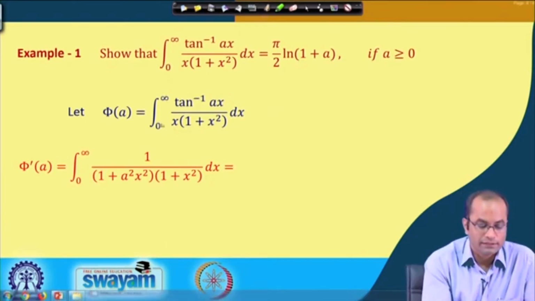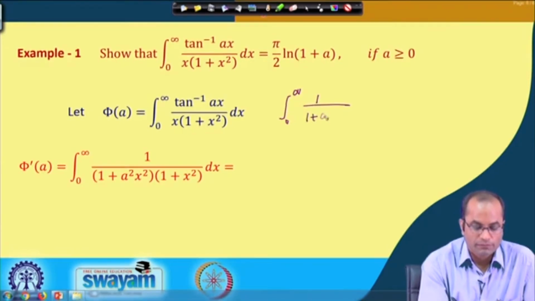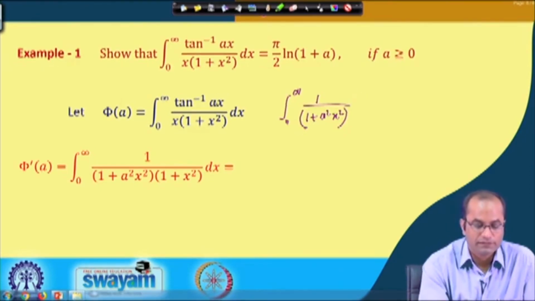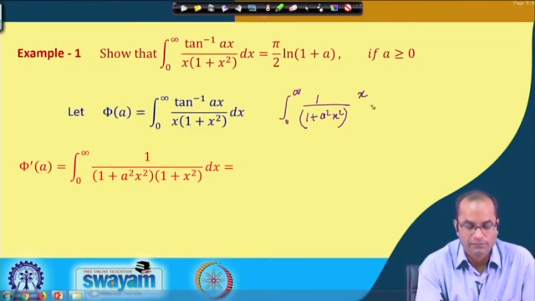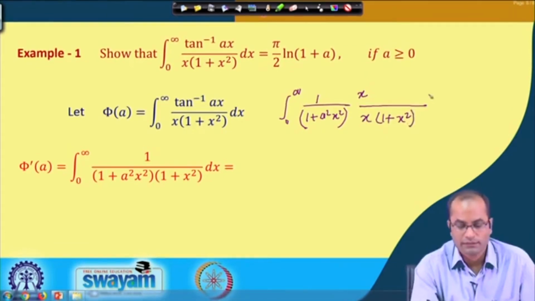So, if we differentiate here, we are basically getting the integral from 0 to infinity of 1 over 1 plus a square x square, and then we have a term x from this a x, and already here it was x times 1 plus x square, and then we have the dx term.